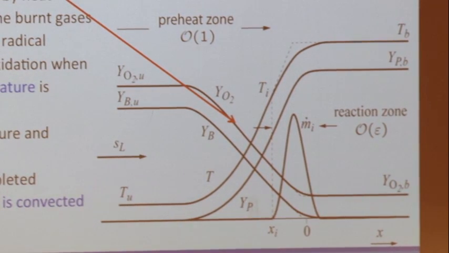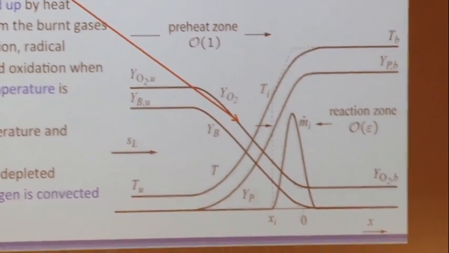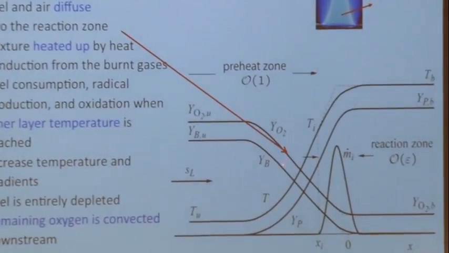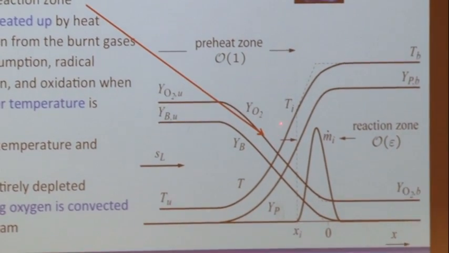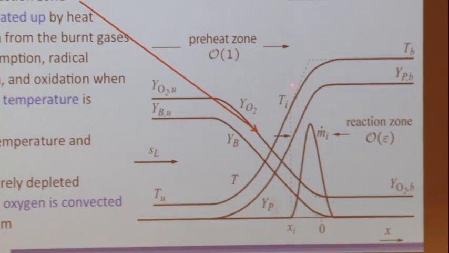For multi-step chemical kinetics, we'll see later on, there's a very distinct temperature where things start happening, or you get extinction if you're lower than that temperature. So we'll talk about this later on when we talk about flame structure. Okay, so that's what's happening. The gases here are heated up to that temperature, and then once they're at this temperature, things take off and chemistry happens, and then you get a temperature increase here by chemical reactions.